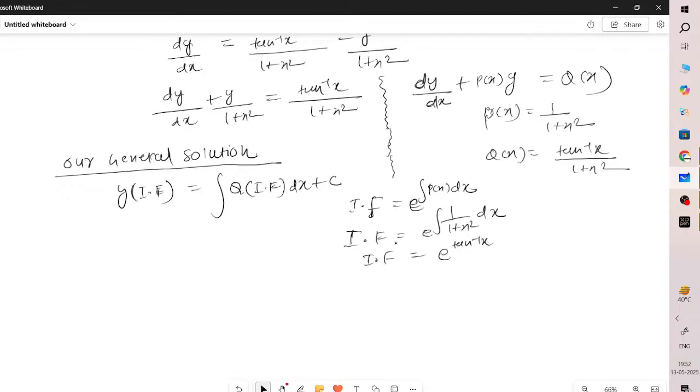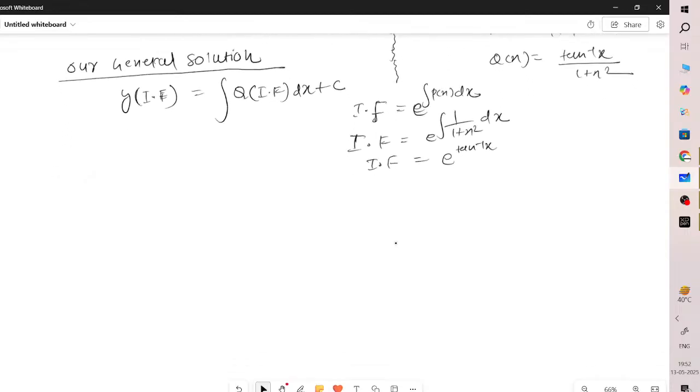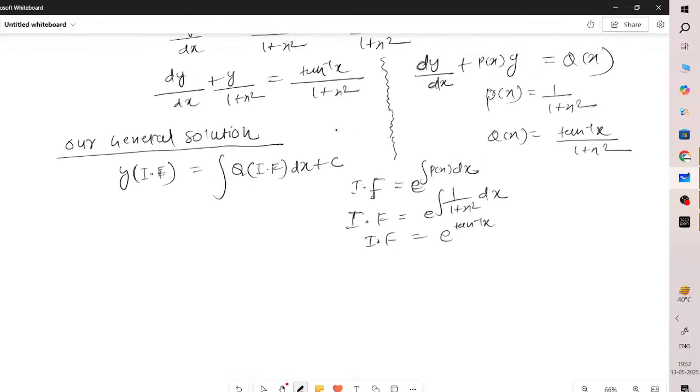Now we use this in our next step. Name this equation 1.